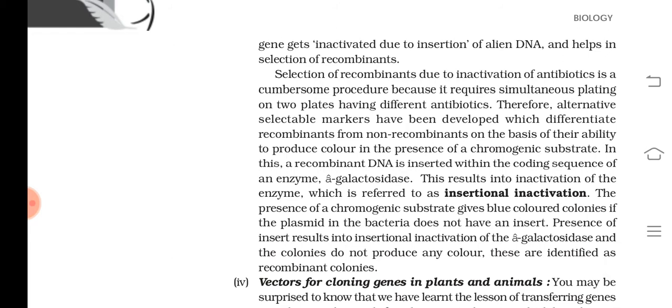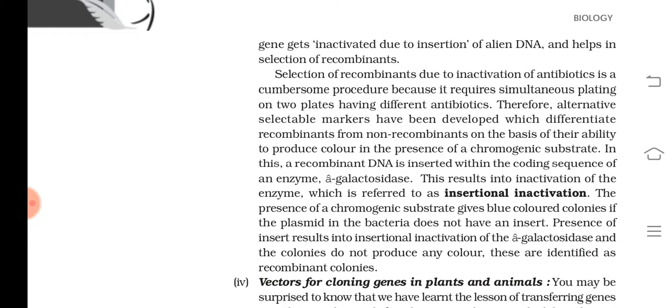Understood? So before that, what we used to do, the antibiotic resistance sites will be there in pBR322, you have seen. So which is the recombinant one, and which is not recombinant? For understanding this, we have to plate them in two different media having two different antibiotics.